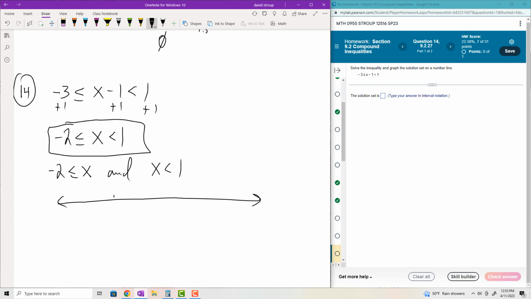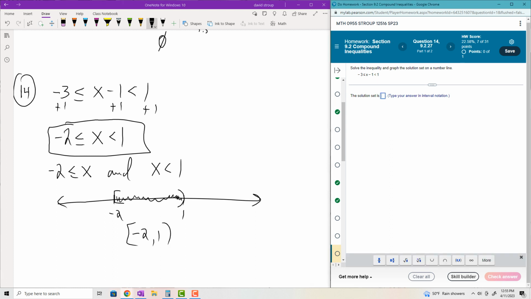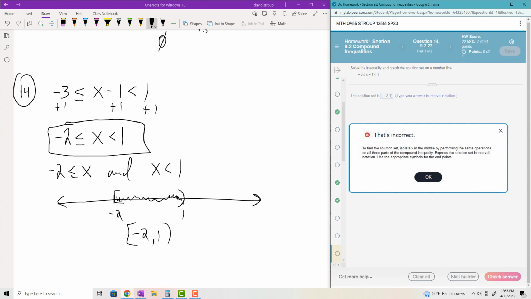And it says that basically it's everything in between 1 and -2, like this. And then you include -2, but you're not including 1. So it's just going to be -2 to 1, like that. So the solution set is square bracket -2 to 1, open parentheses, in interval notation.